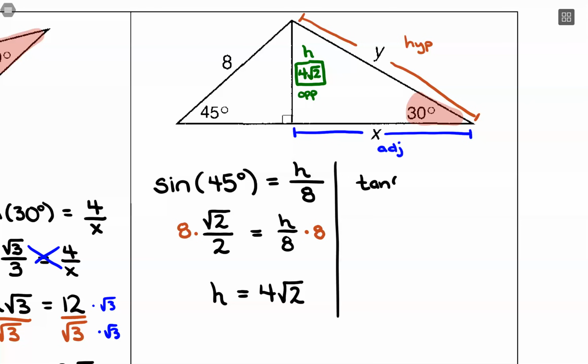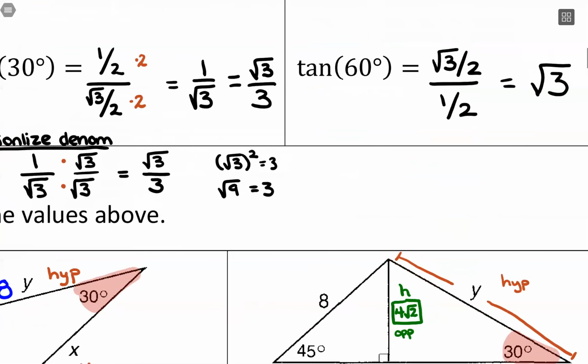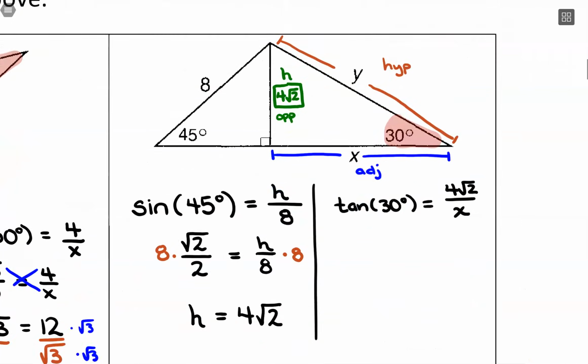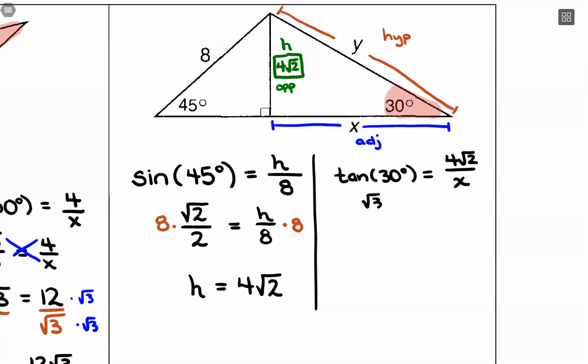So tangent of 30 degrees equals opposite of 4 root 2 over adjacent, which is our unknown x. Now, tangent of 30 degrees is root 3 over 3 equals 4 root 2 over x.